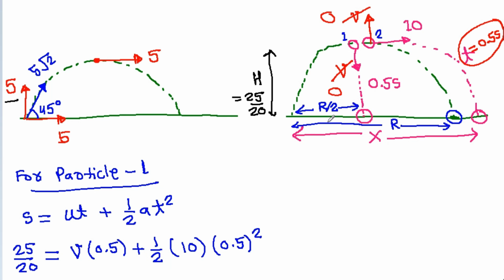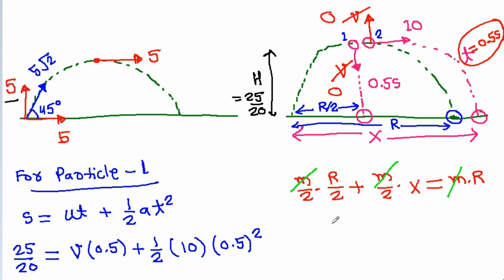So we can say that m by 2 times r by 2 plus m by 2 times x must be equal to m times r, because the center of mass must be here, and m will get cancelled and we get r by 4 plus x by 2 is equal to r, or we get x is equal to 3r by 2.